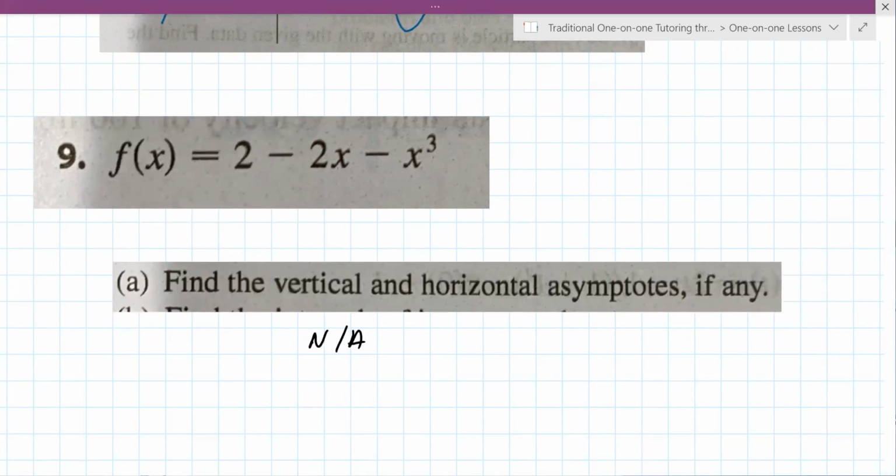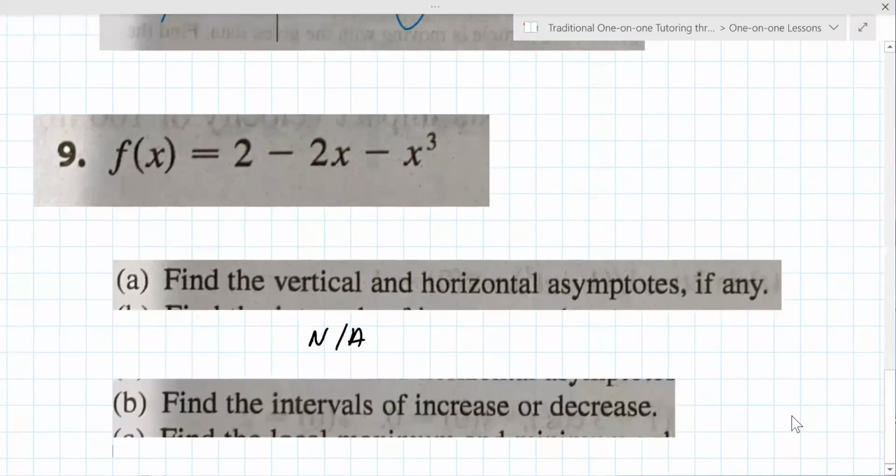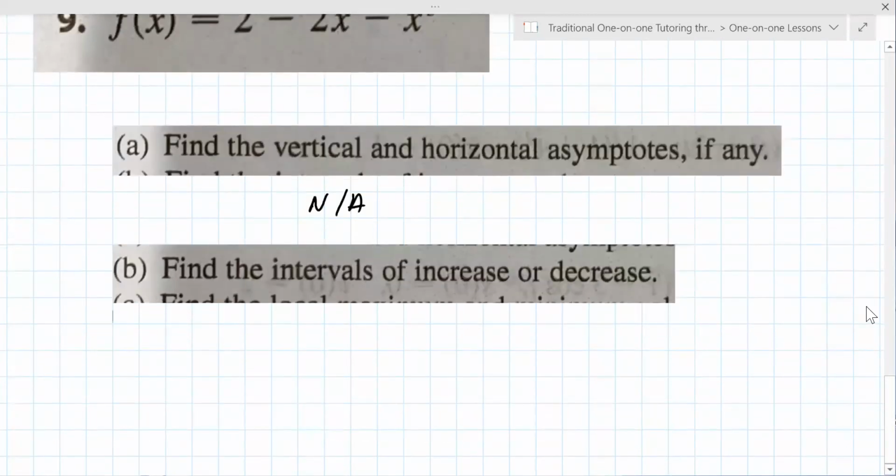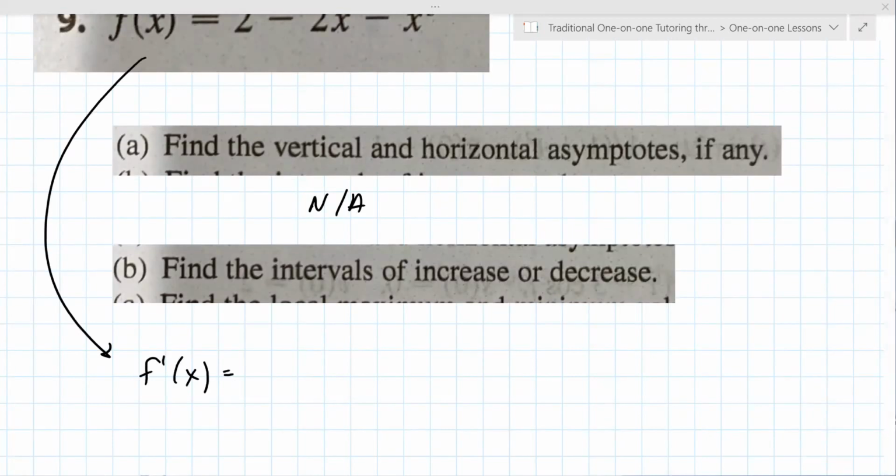All right. For B, to find the intervals of increase or decrease, you have to take the derivative. Your f prime of x is -2 minus 3x squared, and you set that equal to 0 and solve for x.